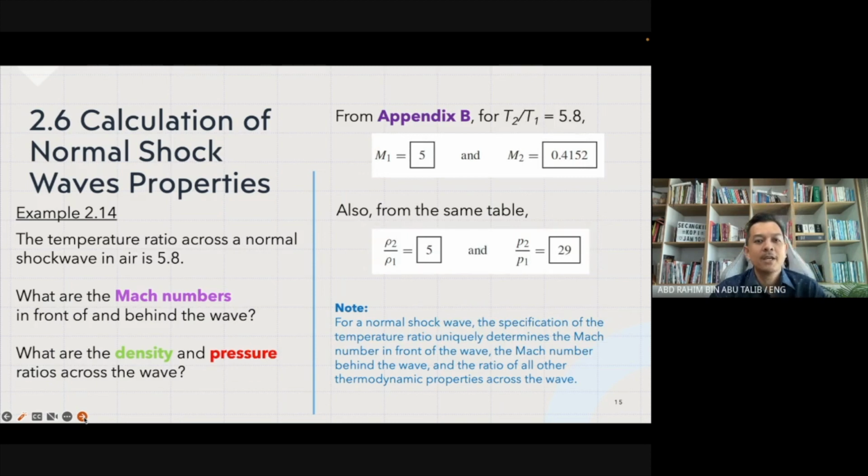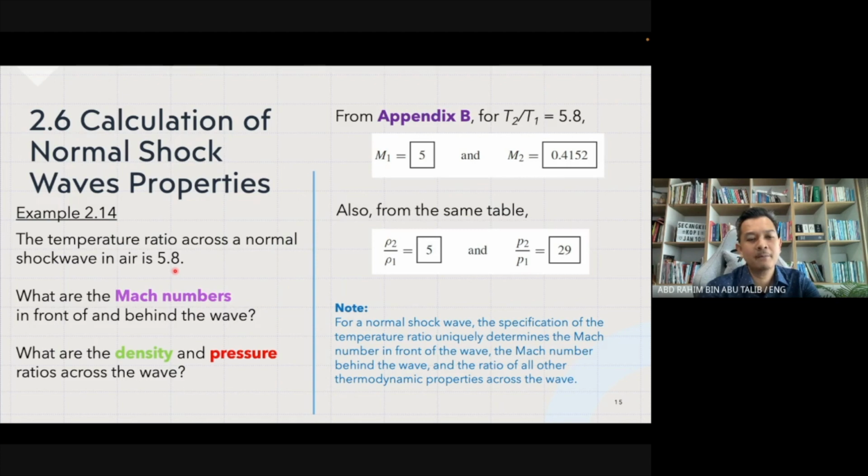All right. Moving forward, going into example 2.14 now. The temperature ratio across a normal shock wave in the air is 5.8. Now we want to find what is the corresponding value for the Mach number, density ratio, and pressure ratio. Let us go into Appendix B now.